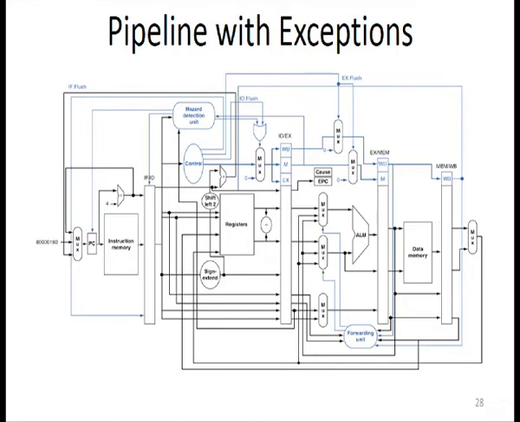Now, this is an example of a pipeline with exceptions. Because we have added extra features to the pipeline for handling exceptions, you can see that we have added extra registers here.